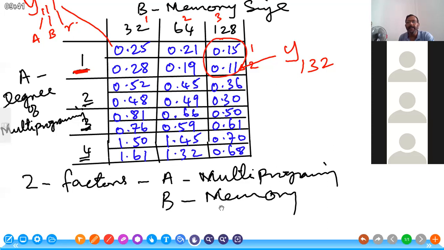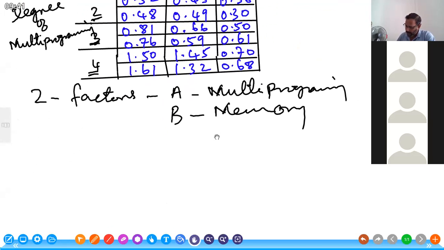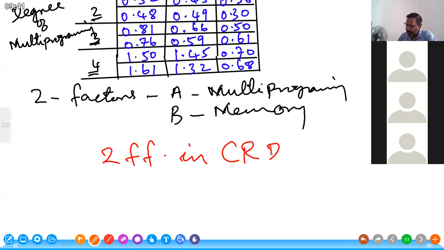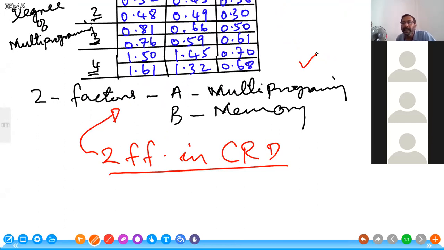This is actually a 2-factor factorial in CRD. Yes, you can try this as homework. We can do it next time. In the next class, we will look at this, but I will ask the question from everyone.